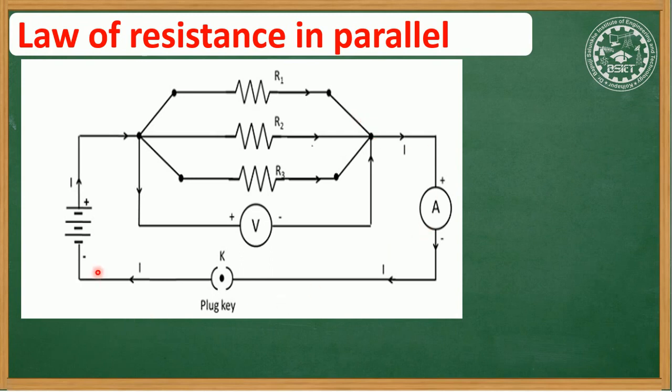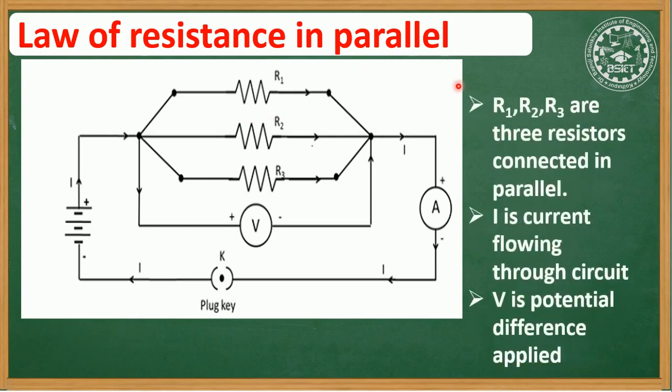So you can now see here the parallel combination of three resistors R1, R2 and R3. R1, R2, R3 are three resistors connected in parallel.